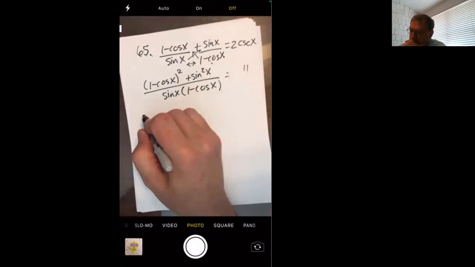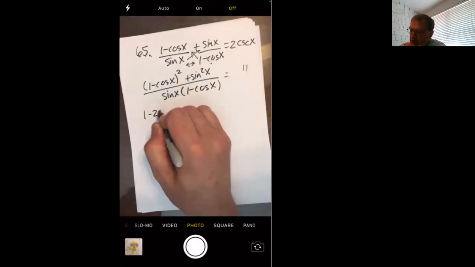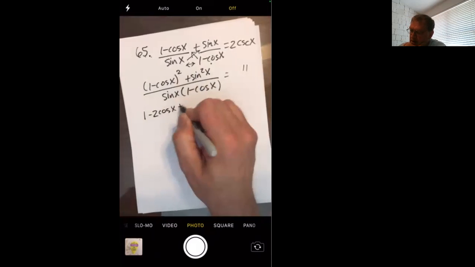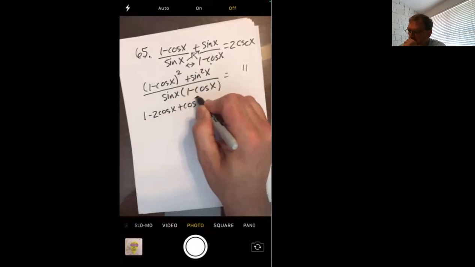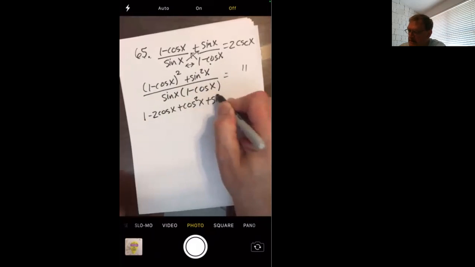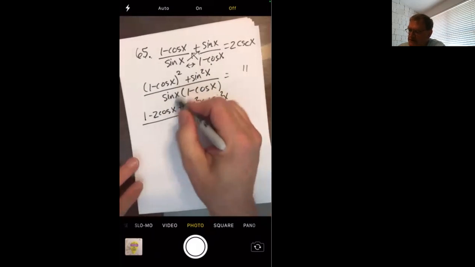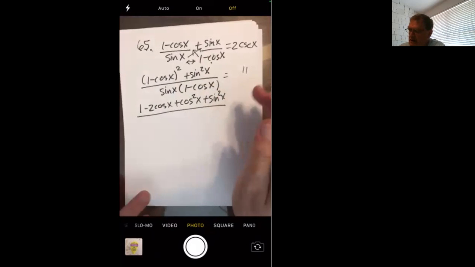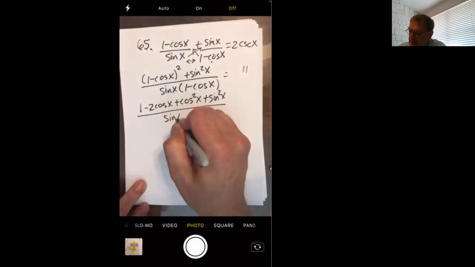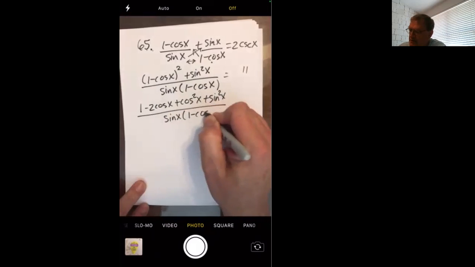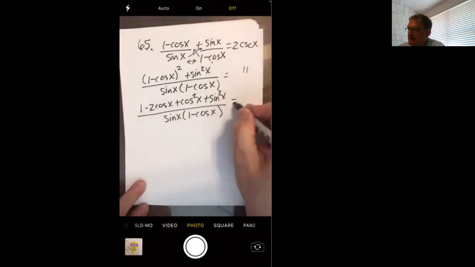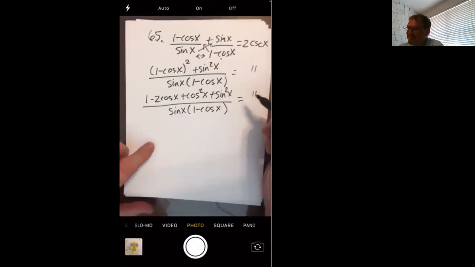Hope y'all are good FOILers. 1 minus twice cosine of x, cosine squared x, add a sine. I'm hoping to get a common factor and cancel something here. So let's not distribute on the bottom. Let's keep it separate, otherwise I might have to factor it back out.